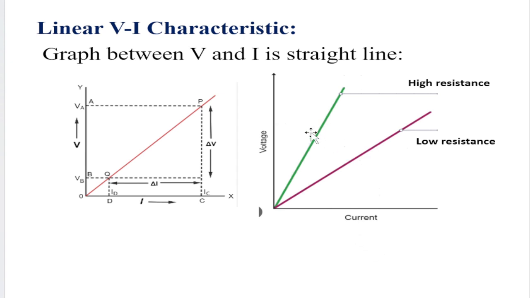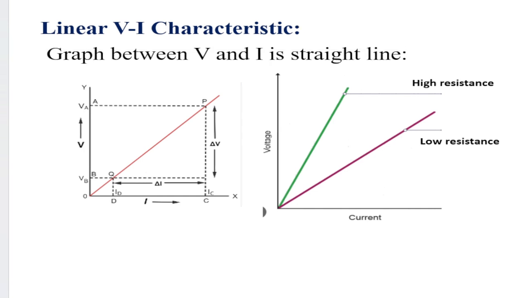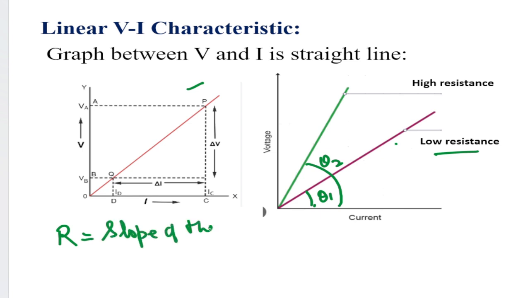Now, linear characteristics. If the substance obeys Ohm's law, then the graph will be a straight line, and this is a graph between V and I. So resistance is equal to the slope of the graph, and slope is equal to delta V upon delta I. So the more the slope, the more the resistance; the less the slope, the less the resistance.